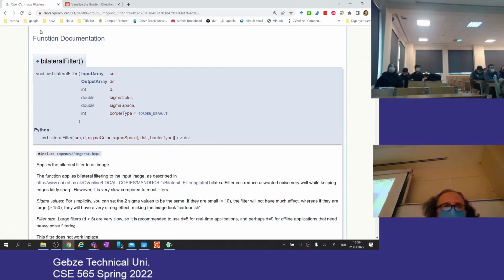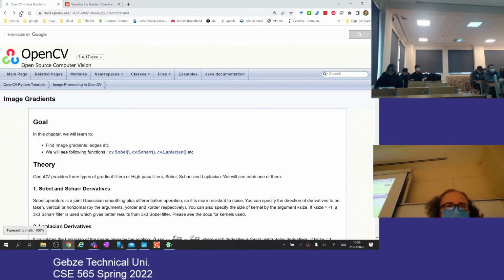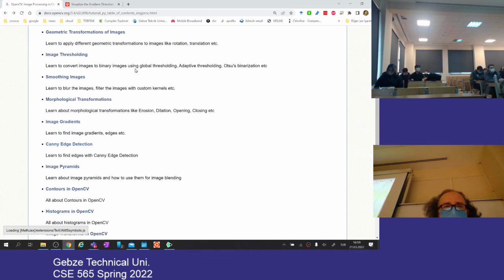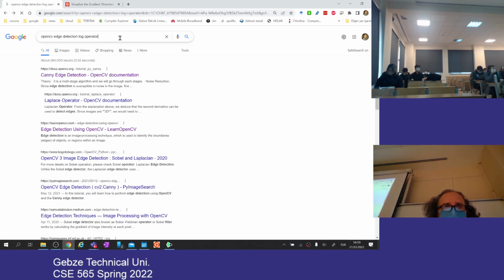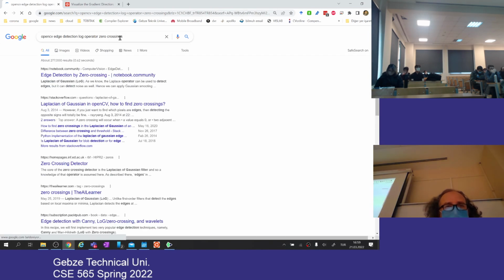Zero crossings. Let me find that one. I remember there was a function to find the zero crossings. Okay, go there again. Zero crossings. Yeah. This one.